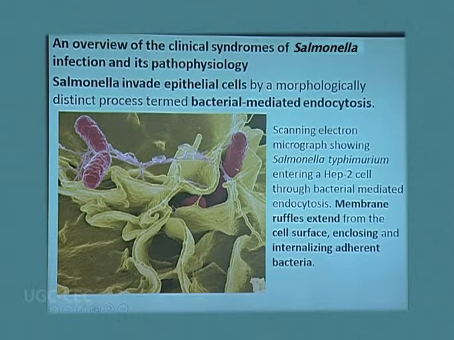These are the structures which we call membrane ruffling. The membrane has engulfed the bacteria like this. In this case, you can see the bacteria is surrounded by the membrane, and this bacteria is almost fully internalized or engulfed by this process. So this is a typical process which is different from receptor-mediated endocytosis.